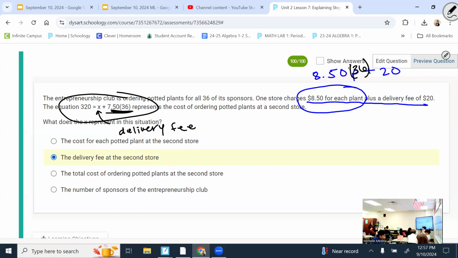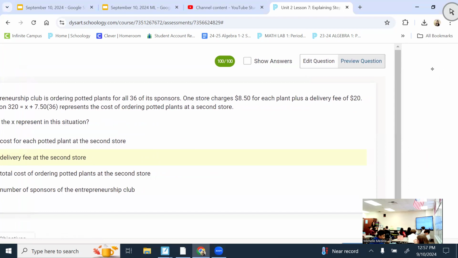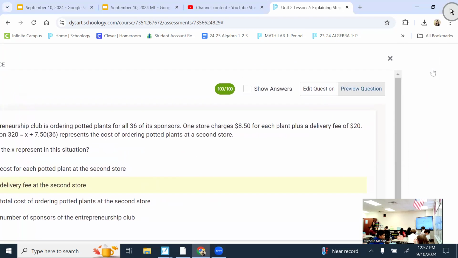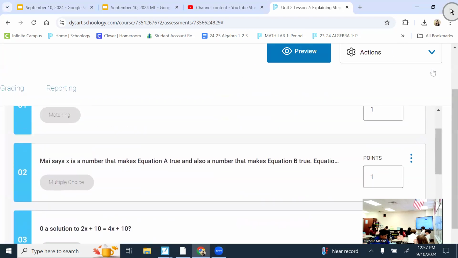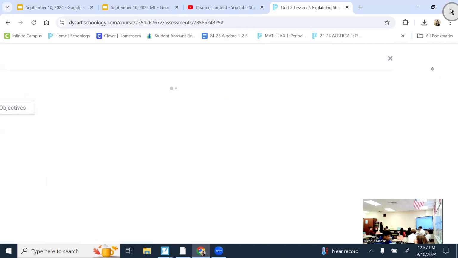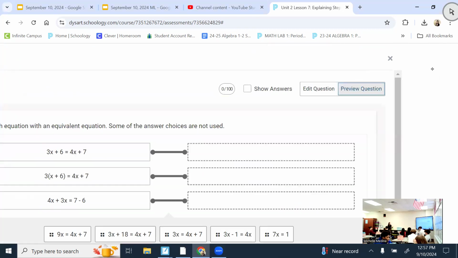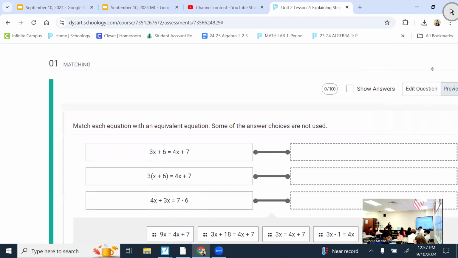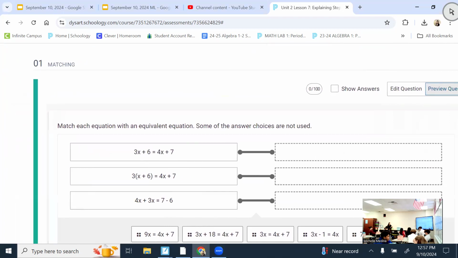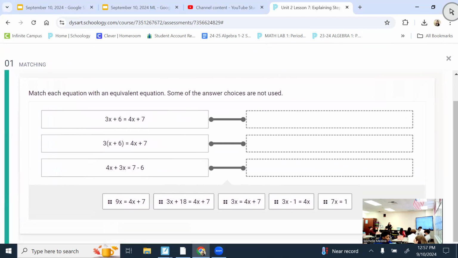Okay. Other question? Austin? On lesson 7? So the first one on lesson 7, if you're following along. We have this one where we're matching each equation with an equivalent equation. Some of the answer choices are not used.